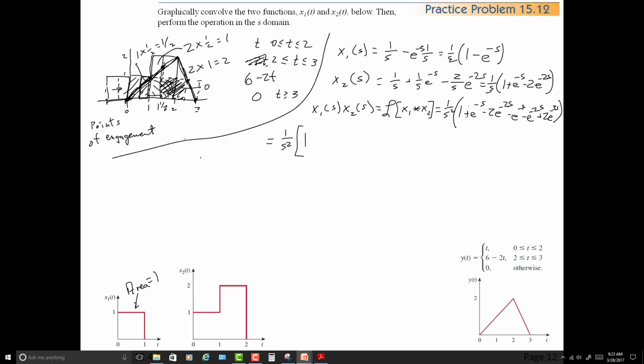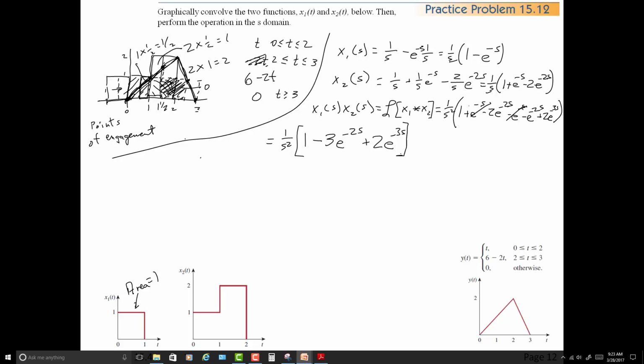And here I've got e to the minus s minus e to the minus s minus 2s e to the minus 2s. So this is going to be minus 3 e to the minus 2s. And finally plus 2e to the minus 3s.